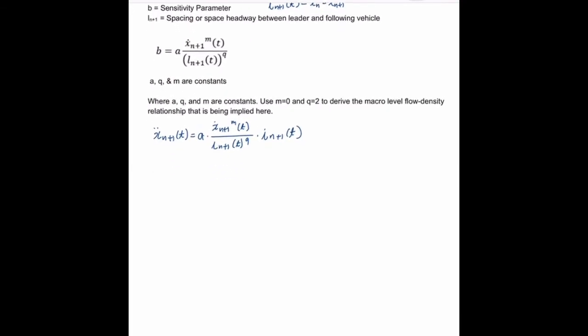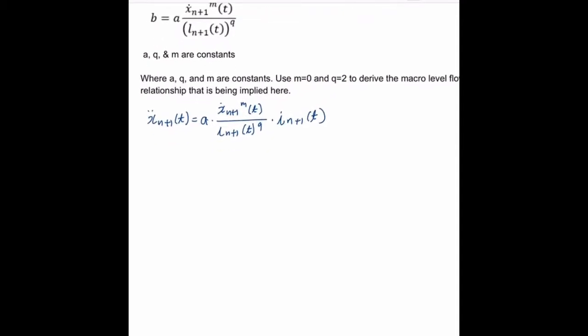And the problem gives us the values for the constants: m equals 0 and q equals 2. I'm gonna plug them back here. So the acceleration of the follower equals A times the speed of the follower to the power m, over the space headway to the power 2, times the relative speed.